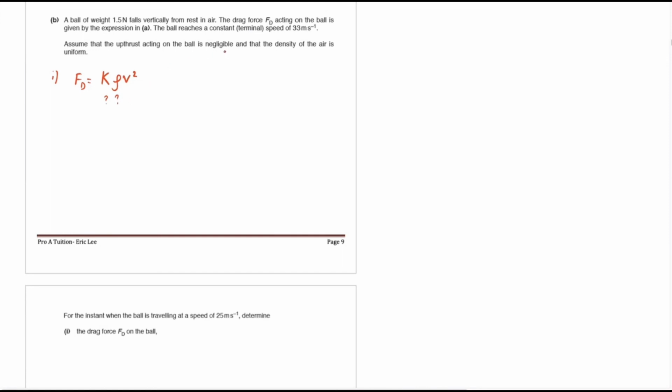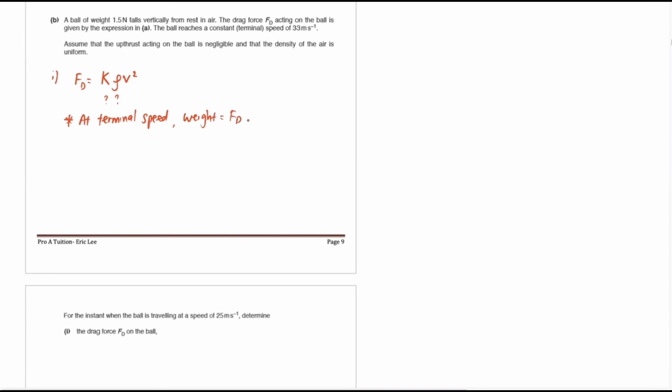So we have to make use of the idea of terminal speed of 33 meters per second. We need to know that at terminal speed, weight equals drag force.